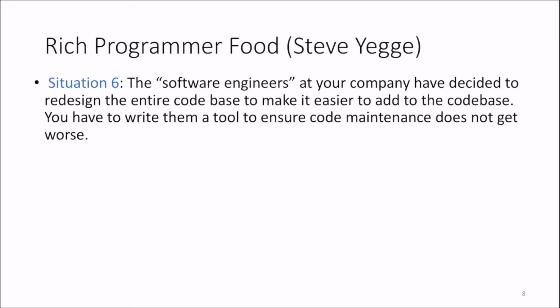Another situation, situation 6 in Steve's blog post, is that the software engineers, quote unquote, at your company have decided to redesign the entire code base to make it easier to add to the code base. Now you have to write them a tool to ensure code maintenance does not get worse. This is not hypothetical. A large company like Google, for example, often has a style guide for C++ that they want to enforce on all of their programmers so that people don't check into the code base code that's hard to maintain.